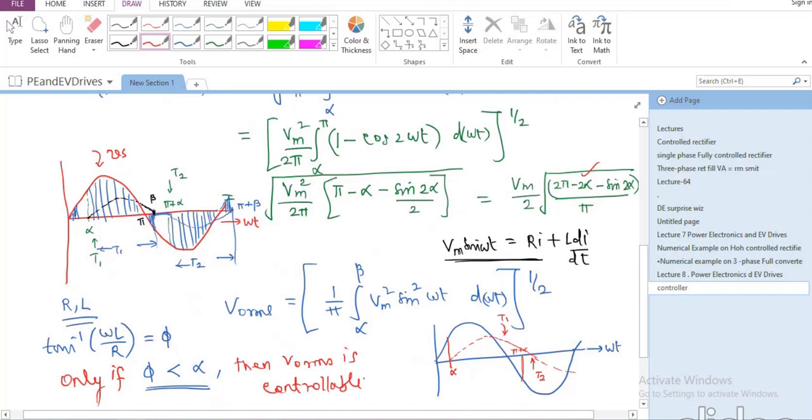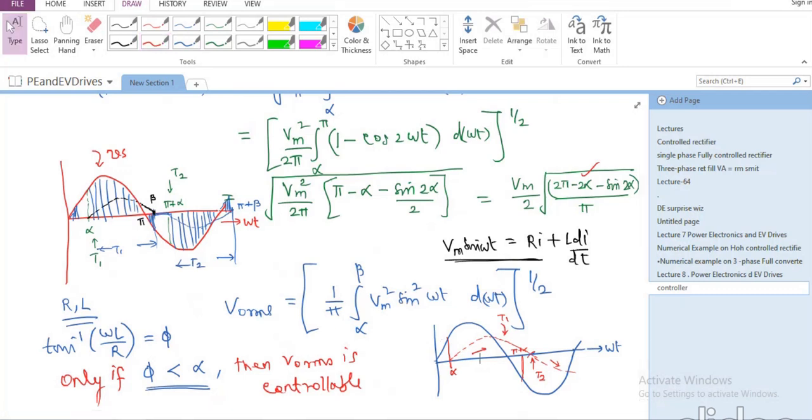It will be in the positive half cycle, from there it will come to zero, and then transition to the negative half cycle on the other side. So you are not going to see any break in the output voltage at all. So only if the power factor angle is less than alpha, the output voltage is controllable. Otherwise, the output voltage is not controllable at all.